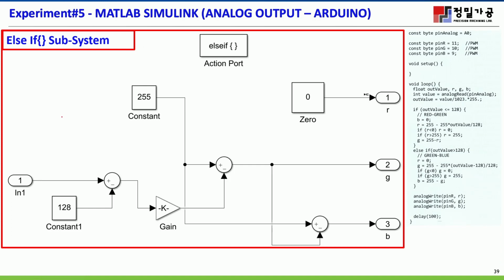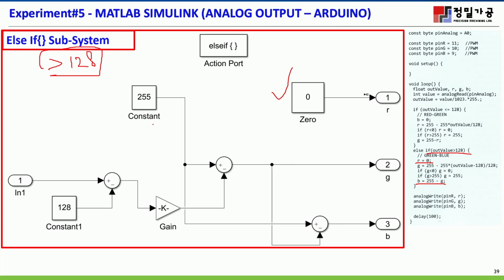And in the else if subsystem, this one is else if bigger than 128. It is similar to here. So what is red? Red is 0. We set red to 0. Okay, very simple. And we have blue.